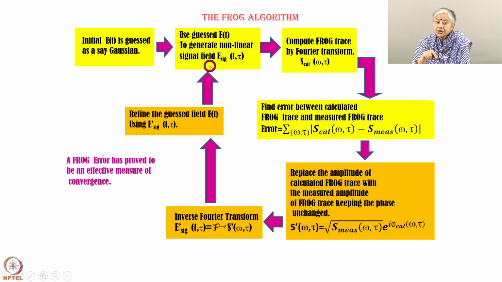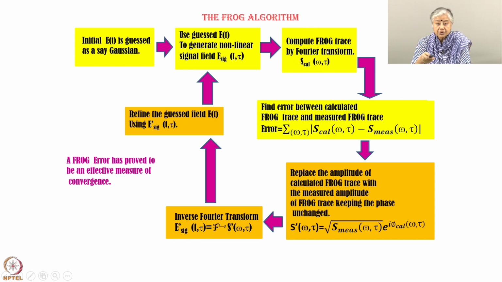Now, what is my next step? The next step is to compute the FROG trace by Fourier transform, S(omega, tau). I have to compute it. Remember, I have measured it, so I have written it as S_calculated(omega, tau).